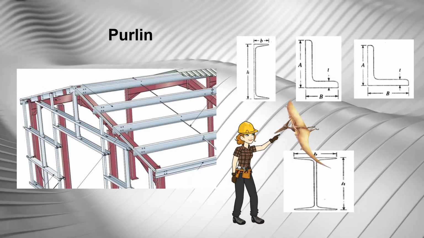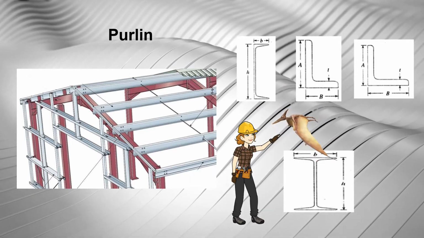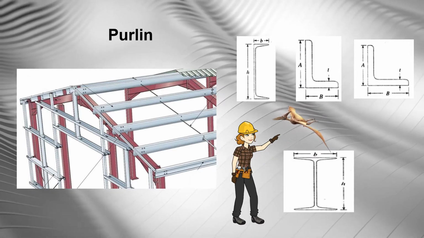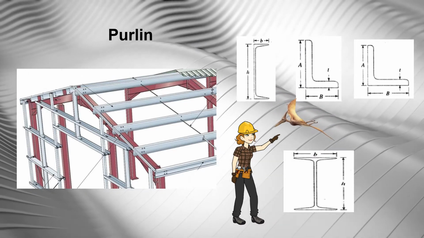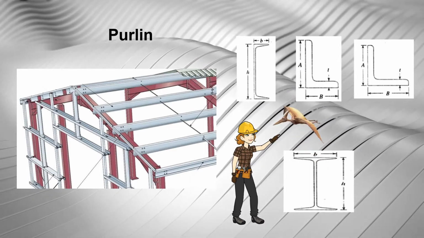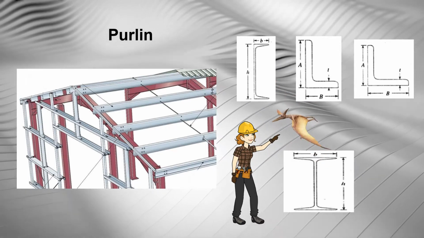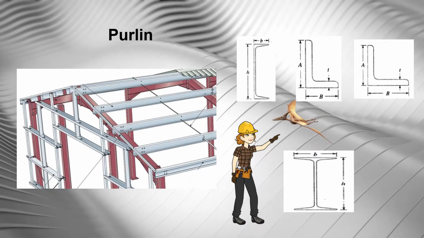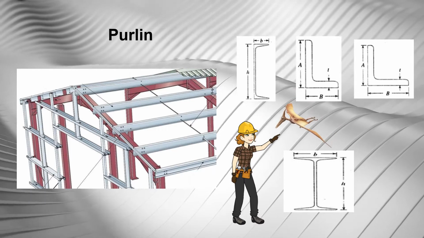For spacing of purlin, the spacing of purlin depends largely on the maximum safe span of the roof covering and glazing sheets. Hence, they should be less than or equal to their safe span when they are directly placed on purlins.